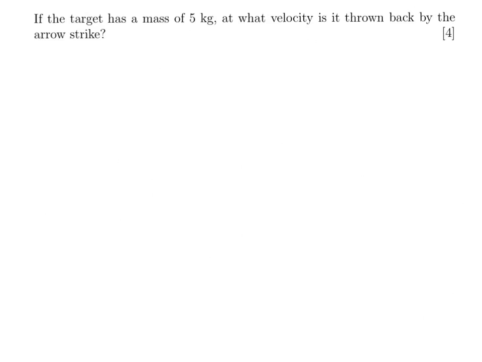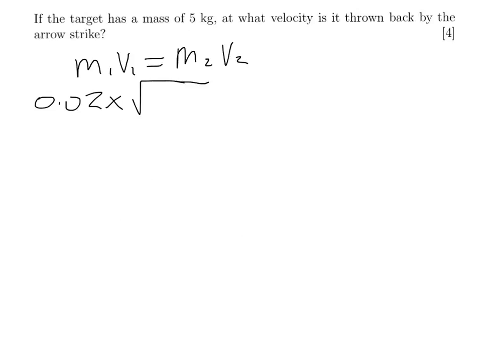In this question we need to find the velocity that the target moves backwards, and this is a conservation of momentum question. So m1 is the mass before, v1 is the velocity before, m2 is the mass after, and v2 is the velocity after. Our mass before is of course the mass of the arrow, so it's 0.02.